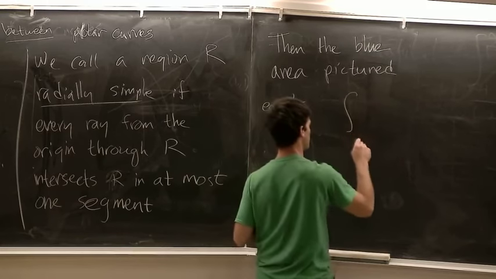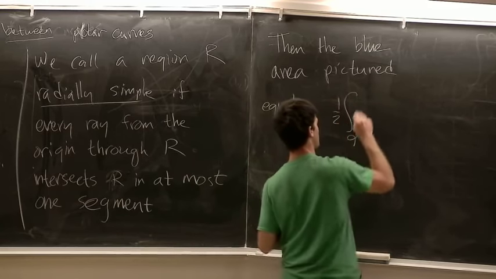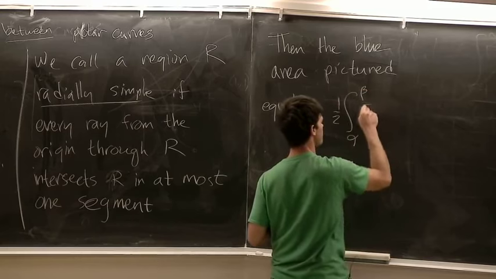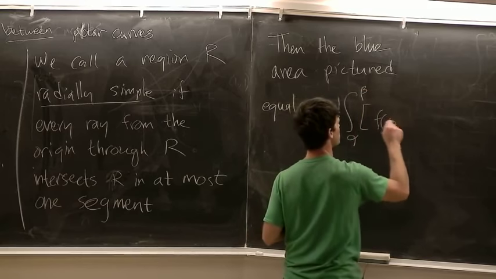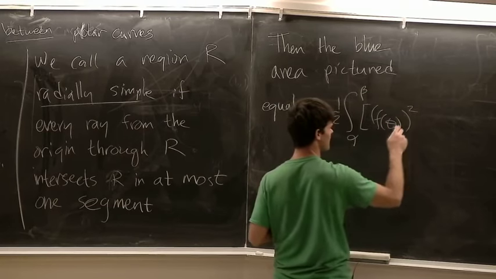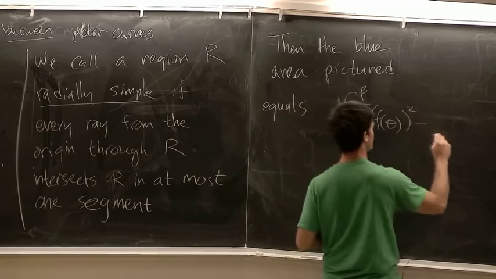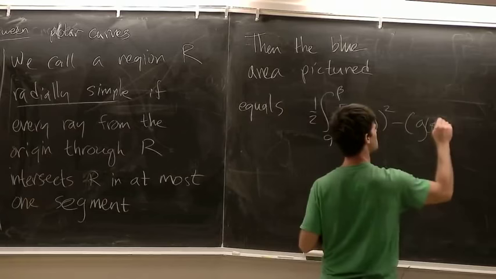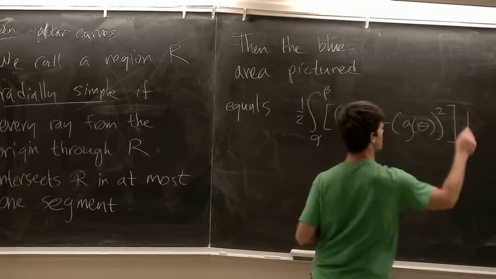So that'll be the integral from a to b of 1/2 times the outer function squared minus the inner function squared.